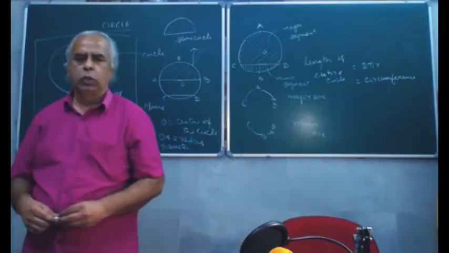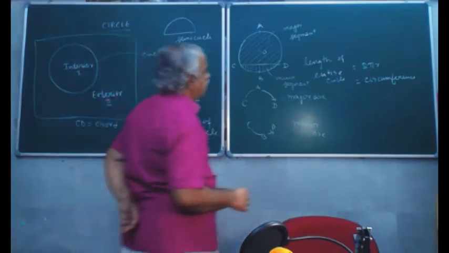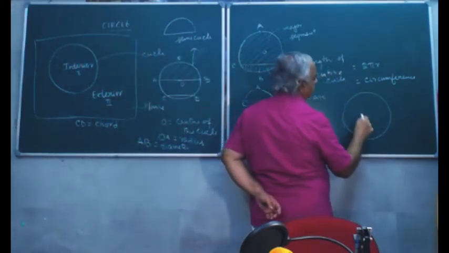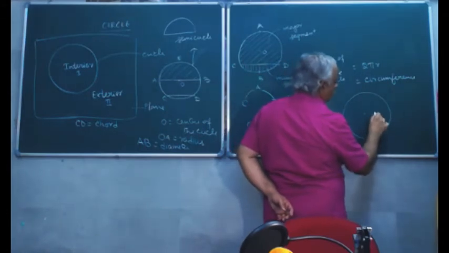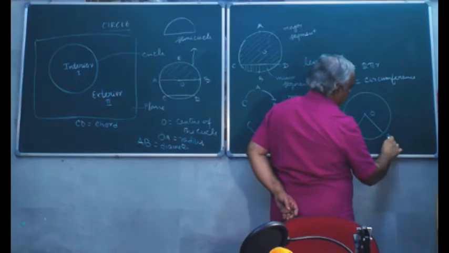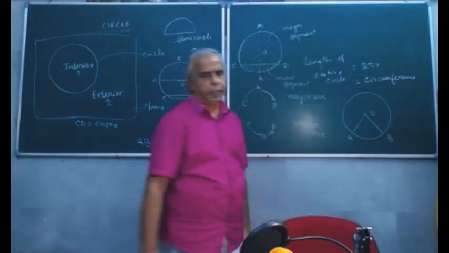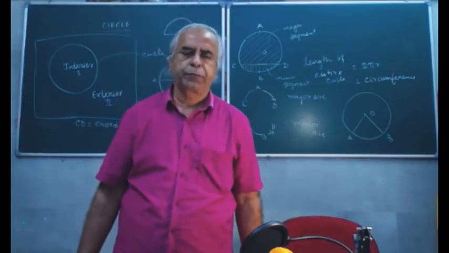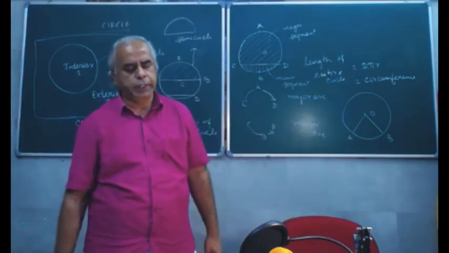Now let us consider sector. Let us draw once again a circle, and this is O. Let me consider A, B. OA, OB are radii. The plural form of radius is radii.